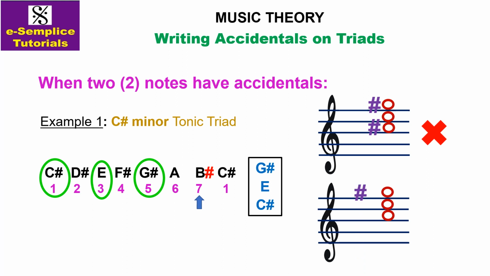What if I write the sharp of G at that position and I now write the sharp of C? Is this correct or wrong? Of course, this is wrong. Let's move on.